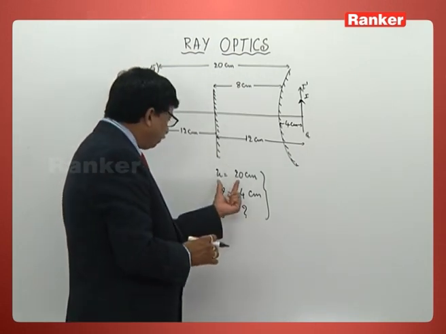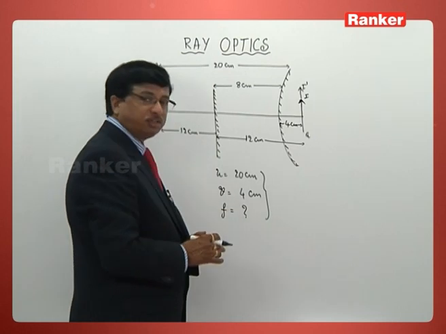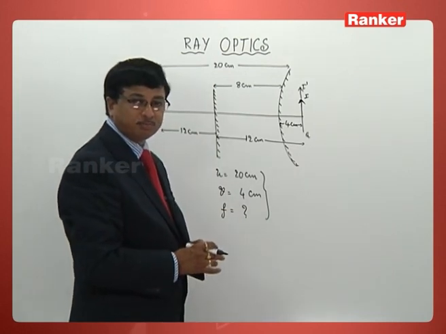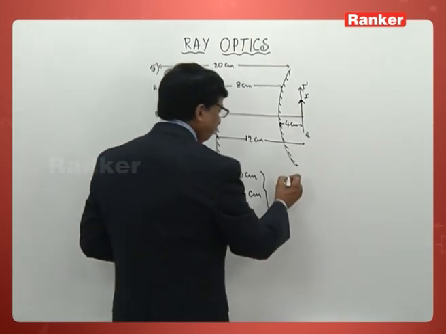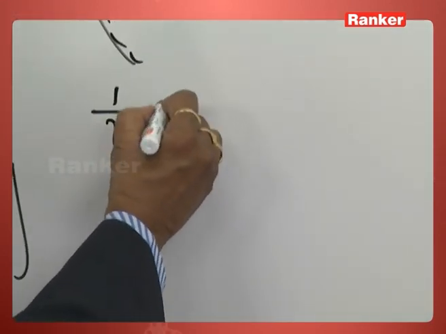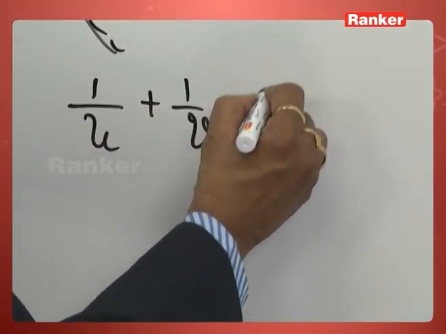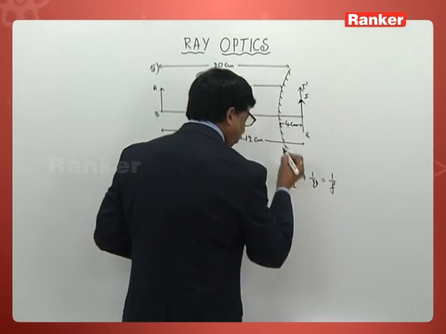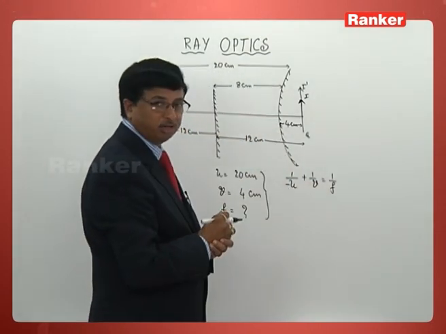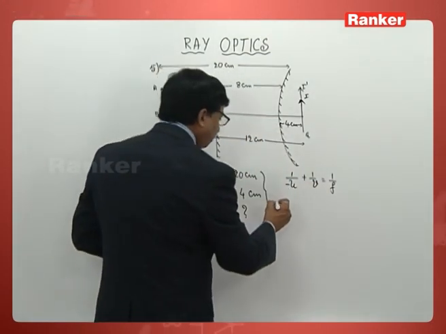Now U is given, V is given. How much is the value of F is the question. So we can now write 1 by U plus 1 by V is 1 by F. Again U should be taken with a negative sign. So what can we write now?